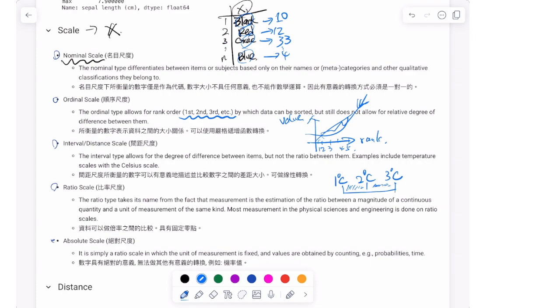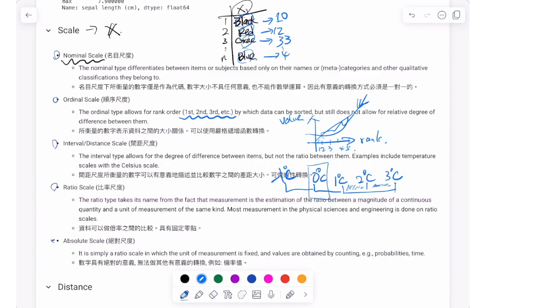But there's one important thing: when we talk about 0 Celsius degree, 0 does not mean nothing. 0 is just a number between 1 degree and -1 degree, because that is how temperature works. 0 does not mean there's no temperature. Okay, 0 is just a number between 1 and -1. So that's what we call interval or distance scale.